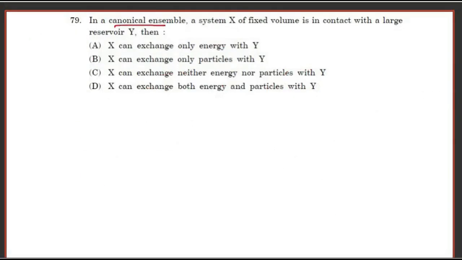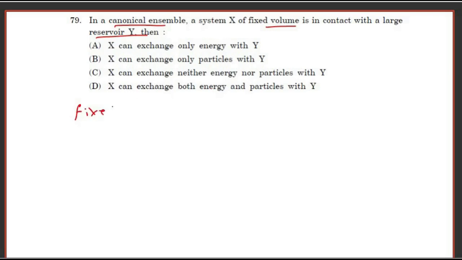In a canonical ensemble, a system X of fixed volume is in contact with a large reservoir Y. Then X can exchange only energy, exchange only particle, can exchange neither energy nor particle, or both energy and particle. Which is the correct option?